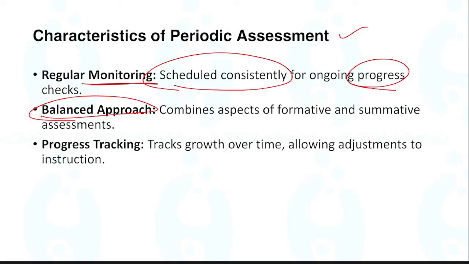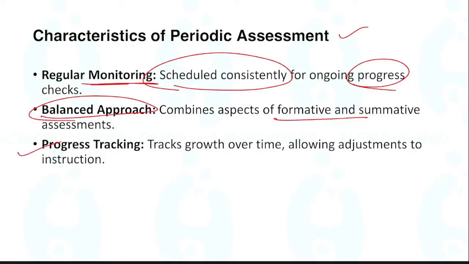At the same time, the student can understand their own progress and learn by themselves again. So the formative part of monitoring is there, and the summative part of moving on to the next class is also there. So it is a combination of both summative and formative assessment, a balanced approach to learning.